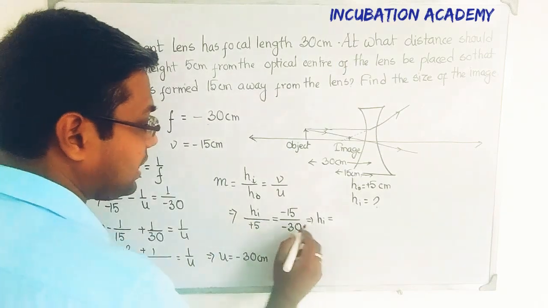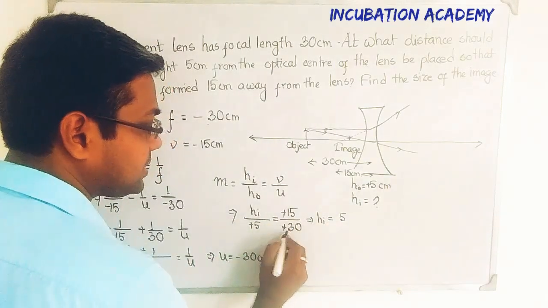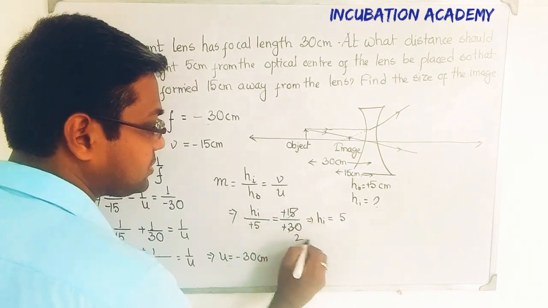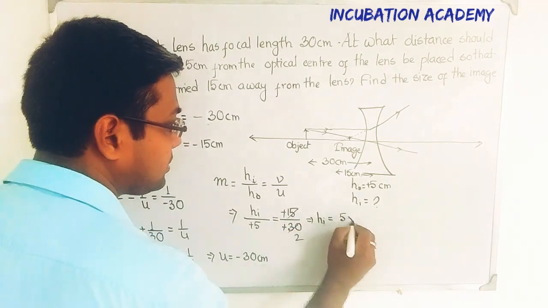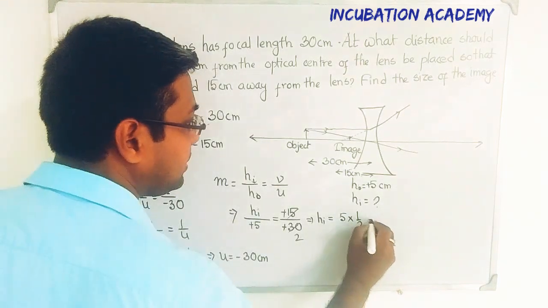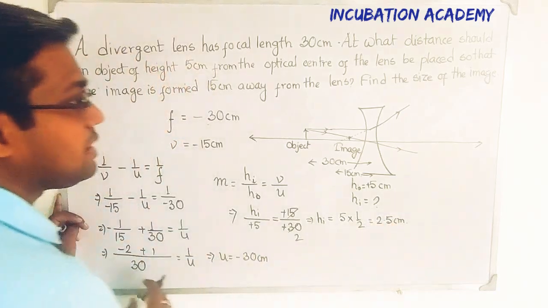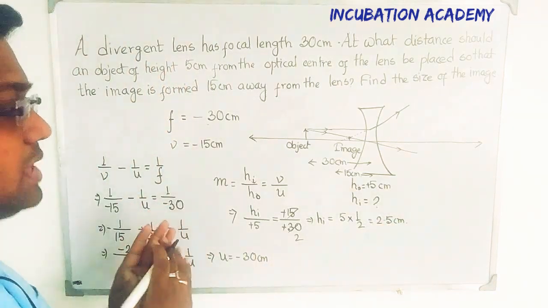HI is 5, and this thing basically cancels out, so this becomes 2, that is 1 by 2. So the image height will be 2.5 centimeter, that is, it is exactly half of the size of that of the object.